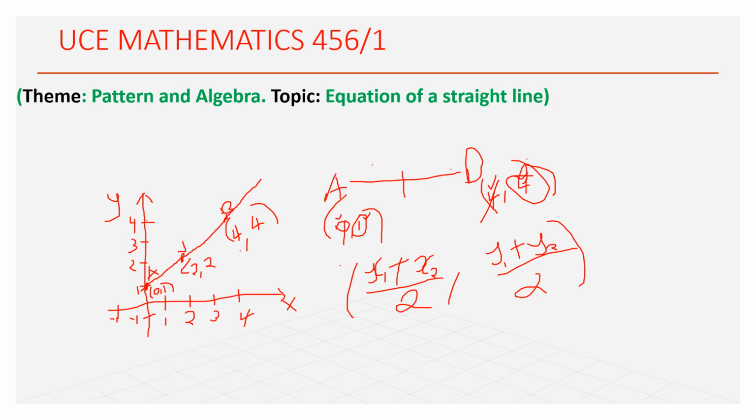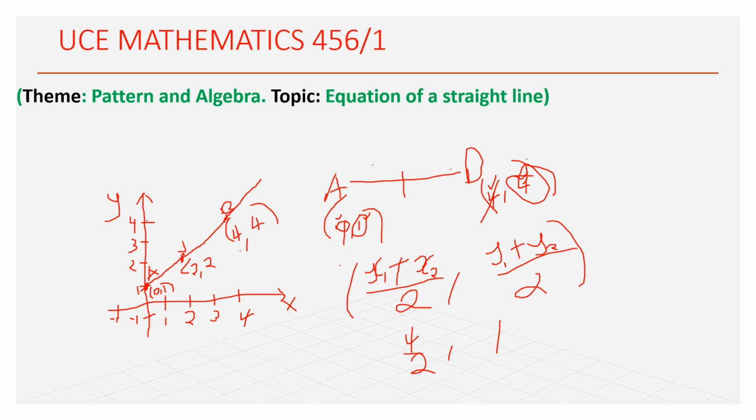So x will be 0 plus 4, that is 4 over 2, comma. Then my y will be 1 plus 4, which is 5.